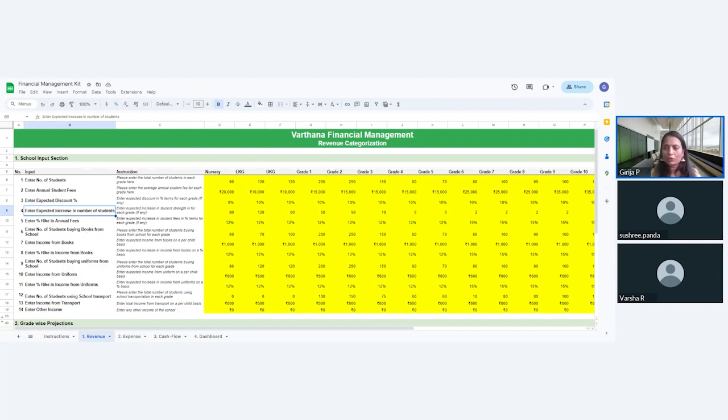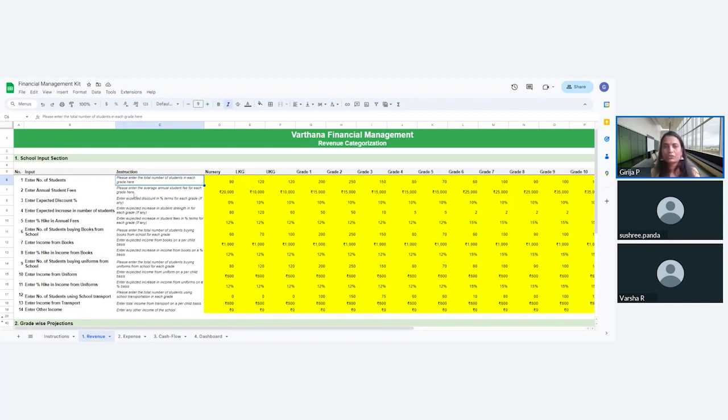How much will the strength increase in the next 2 years? You can put that here. Again, you can put how much you think the income from books and uniforms will increase in the coming years. To help you with this, we have put up instructions as well, which tell you what each column is saying and what you have to enter. For example, for the number per student, please enter the total number of students in each grade. So you only have to put in the number of students.